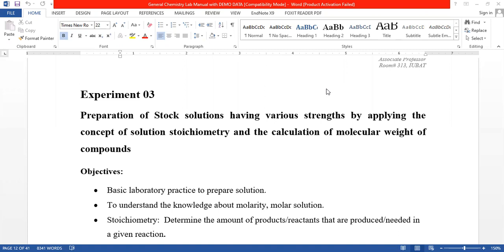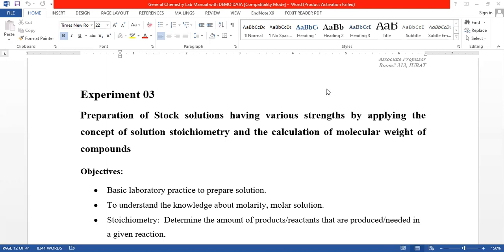So we can define simply: the small phase that we are using in a solution is called solute, and the large phase that is used to make the solution is called the solvent. The solute and solvent together prepare the solution.